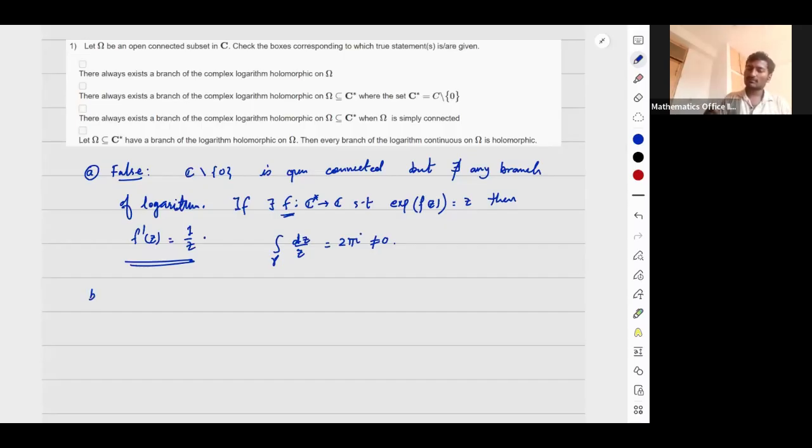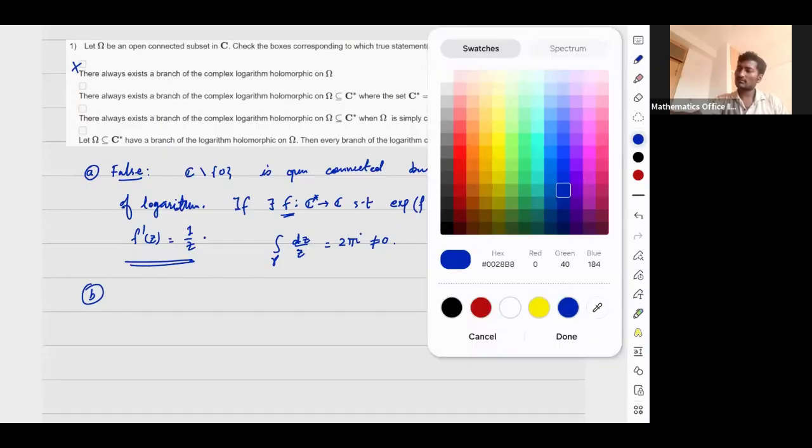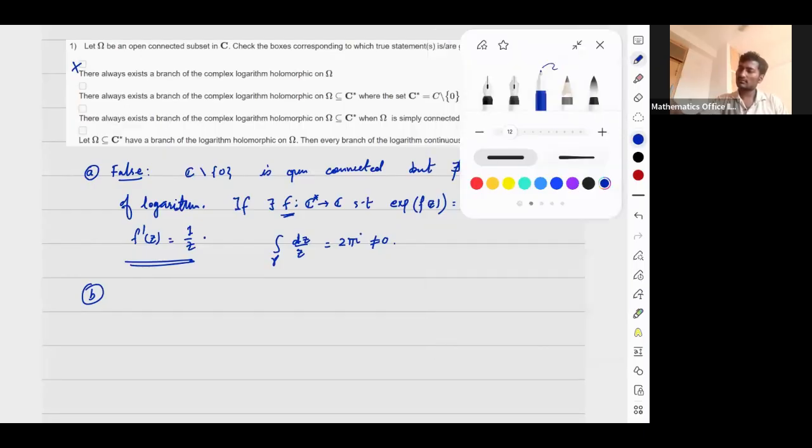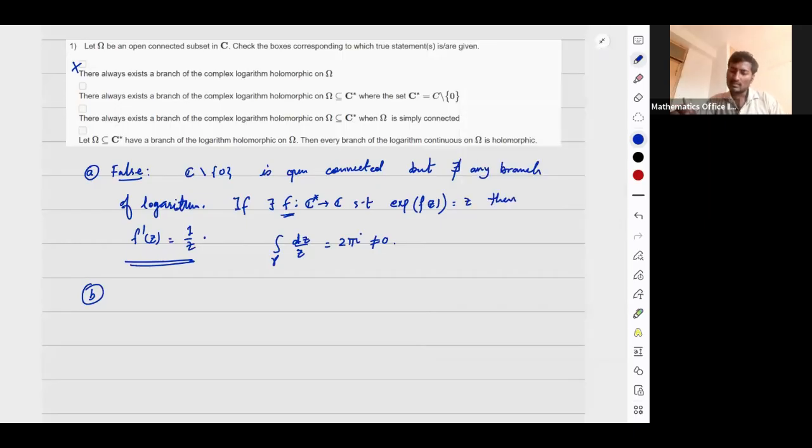So for B, what we can say, there always exists a branch of logarithm on omega, which is a subset of C star, where the set C star is C minus 0.